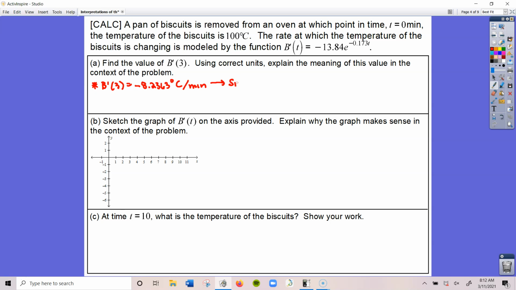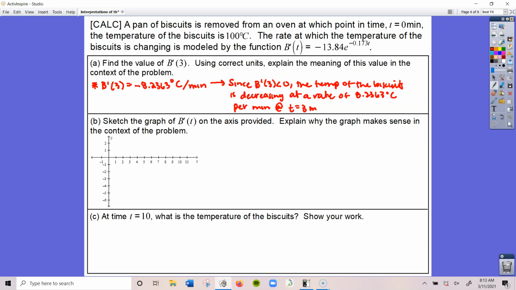So we can write here, since B prime of 3 is less than 0, the temperature of the biscuits is decreasing at a rate of 8.2363 degrees Celsius per minute at t is equal to 3 minutes.